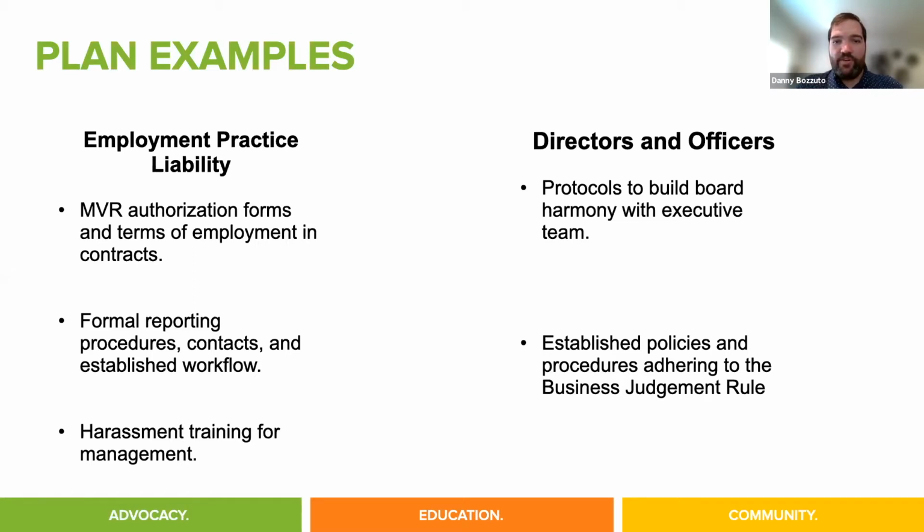I've seen cases where exit packages for an executive that's not getting along with the board have just a simple mistake in executing it on the timelines, and it cost a client $300,000 just because a couple of dates were missed on the execution of that contract. The other thing is always making sure you keep the reasonable business judgment rule in mind.